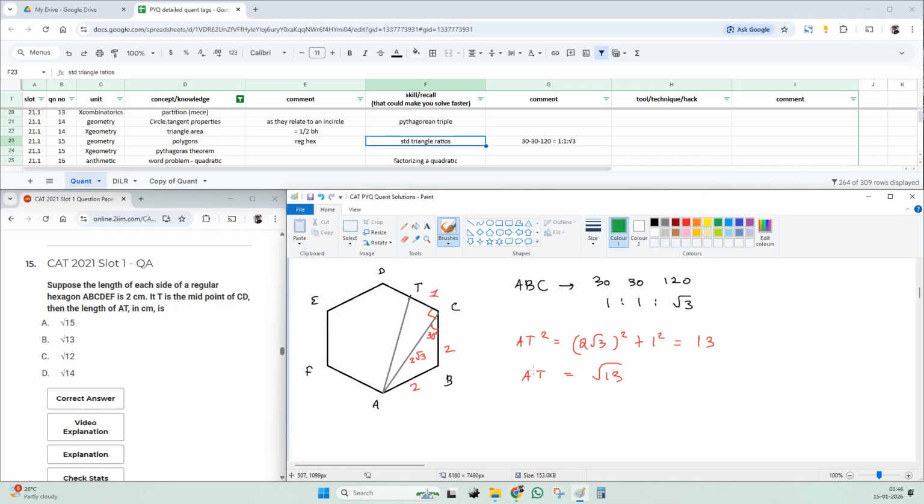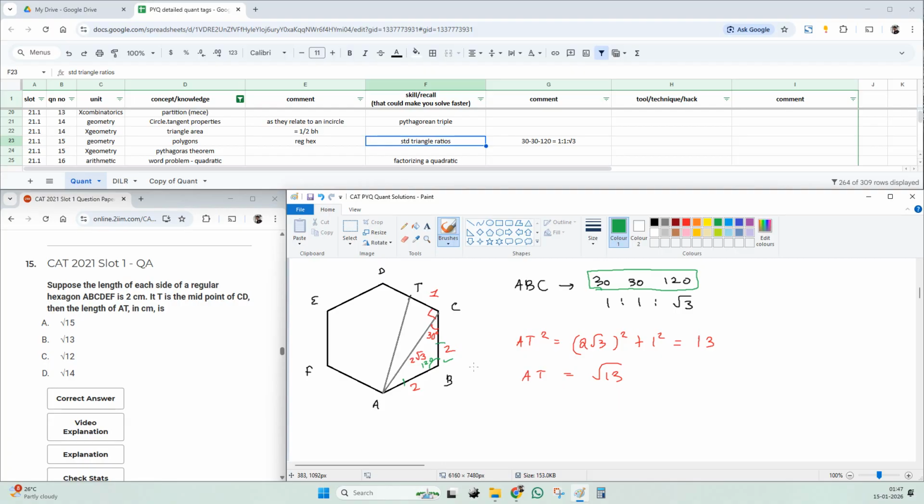I feel I've glossed over the first part of this. I did not explain how it is 30, 30, 120. Here's what happens. We already know that angles of a regular hexagon are 120, and we know that because it's a hexagon, AB is equal to BC. So by angle sum property, there's a remaining 60 degrees in this triangle.